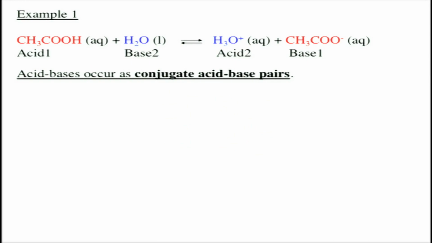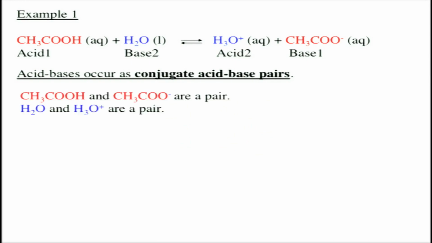So here you see that this acid is paired with this base over here. They're the same except that one has the hydrogen ion and one does not. And then the other pair is here. It's another acid-base pair. We have water and hydronium ion that also differ by H+. So every time an acid donates a hydrogen ion or proton, it becomes its conjugate base.